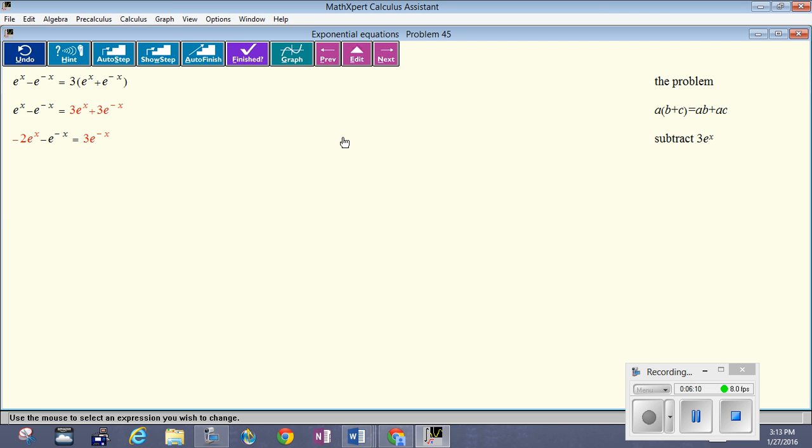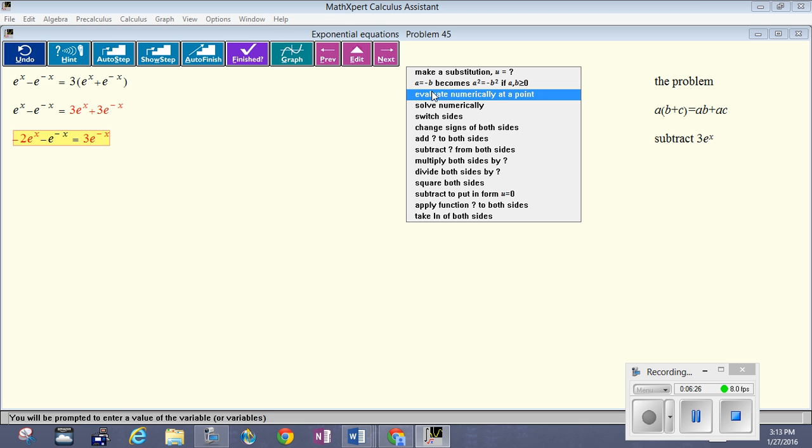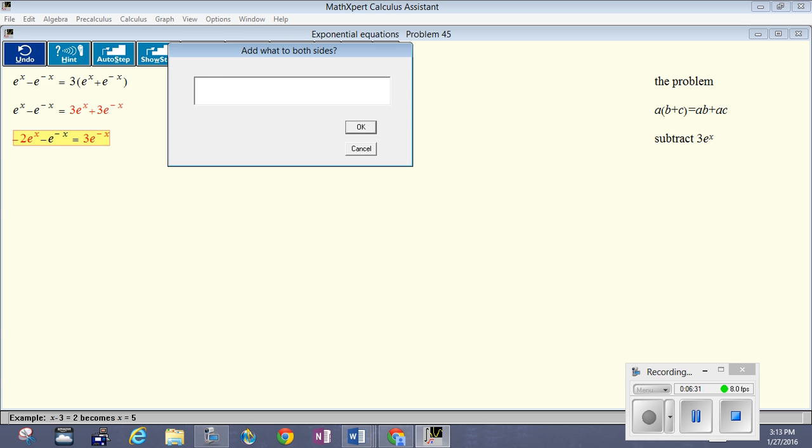Okay, so 3e to the power x combined with 1e to the power x gave us negative 2e to the power x. And now I'm going to add e to the negative x to both sides.